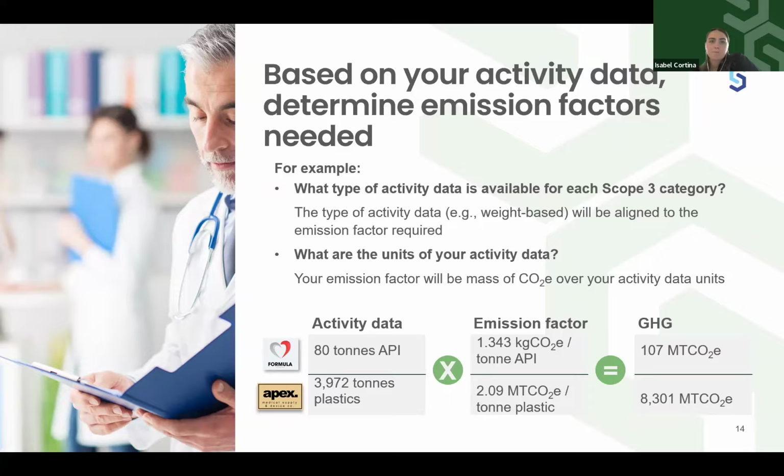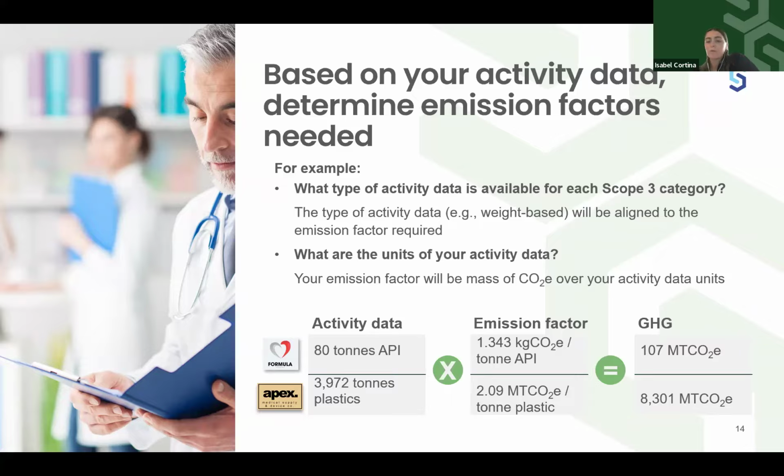As you can see on the bottom of the screen here, we have two examples to be used as illustrative examples of emission factors that match up with the activity data from both Formula Pharma and Apex. In the following slides, we'll dive deeper into these example calculations, but in both cases, you can see at the end that we end with greenhouse gases in metric tons of CO2 equivalent.